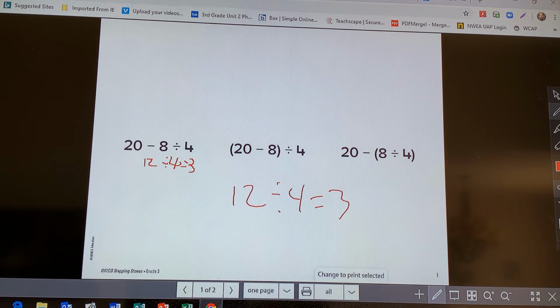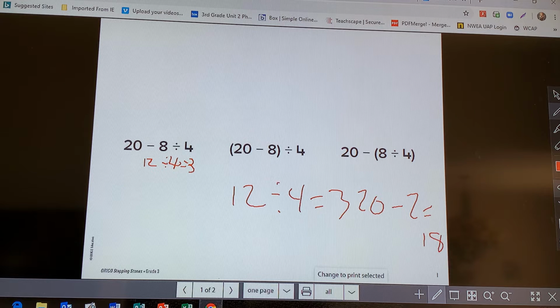Now, what if we go 20 minus 2 equals 18? So you'll notice that these particular problems are going to produce a different answer, especially as we start to solve what's in the parentheses. Now, are parentheses needed in all the equations? Not necessarily, correct?